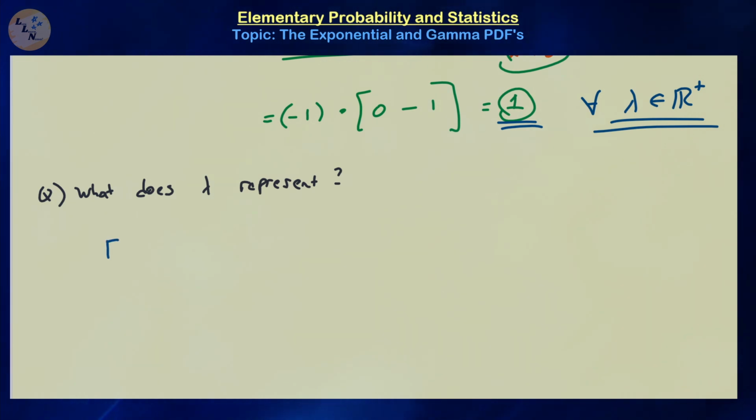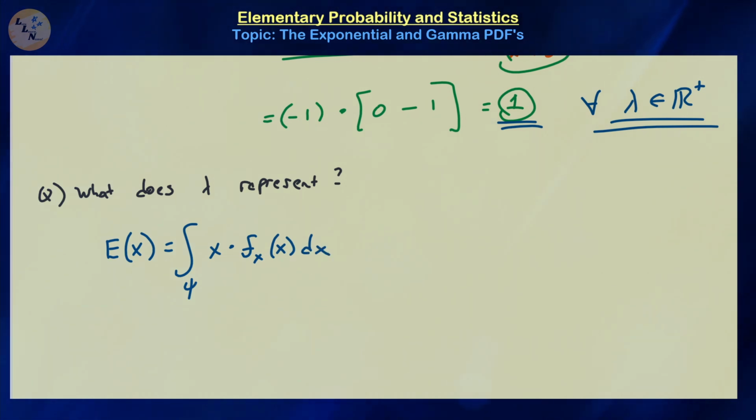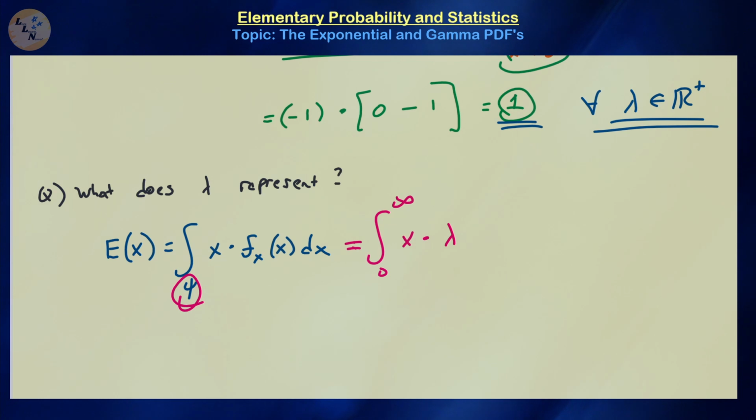That's exactly what we would do. We know that the expected value of a continuous random variable is equal to the integral over the support of x times the density function. Since we're working with an exponential random variable, the support is the integral from 0 to infinity of x times our probability density function.